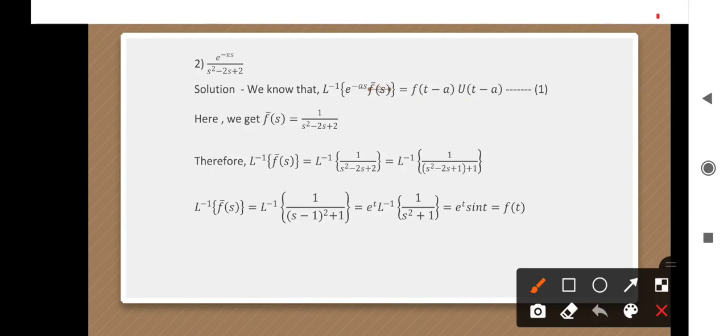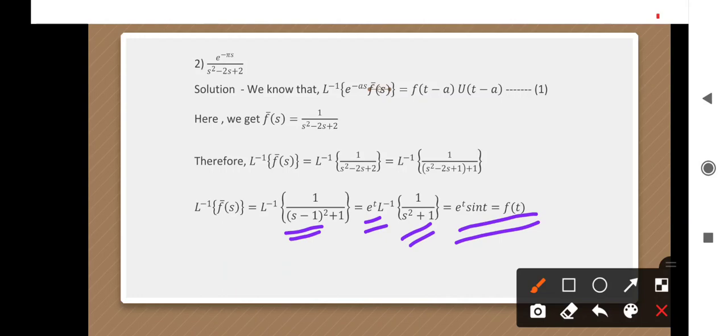So s minus 1 square indicates that you have to apply first shifting theorem, which gives us the result as e raised to t into L inverse of 1 upon s square plus 1. This is the standard result. This is Laplace transform of sin t. So L inverse of 1 upon s square plus 1 is nothing but sin t, and hence you are getting here f of t as e raised to t into sin t.